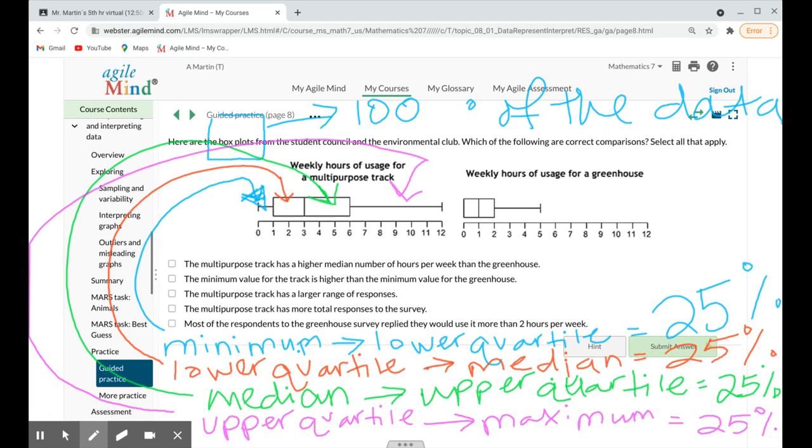All right, so with this being said, something looks weird over here. I don't see a whisker. I don't see a minimum. Who can explain this? The minimum and the lower quartile are the same value. Correct. The minimum and the lower quartile are both what? 0.